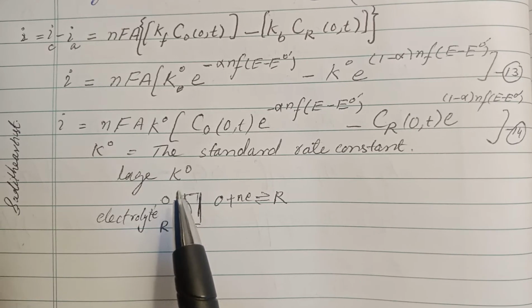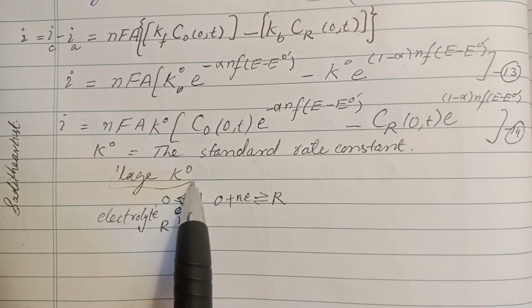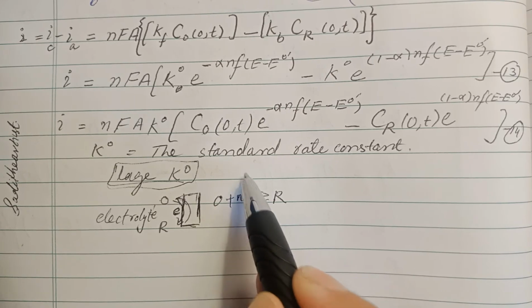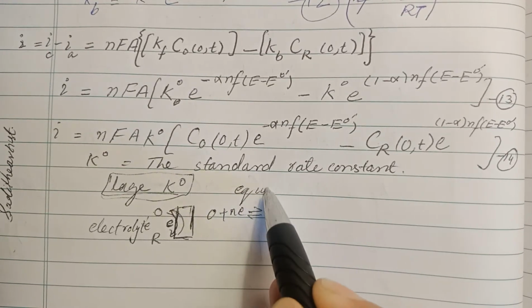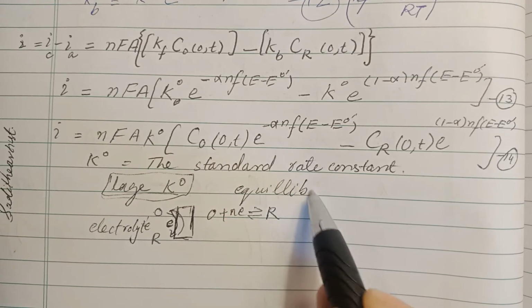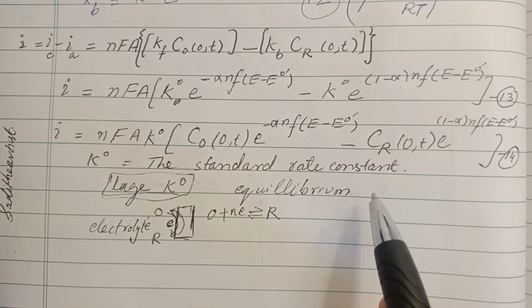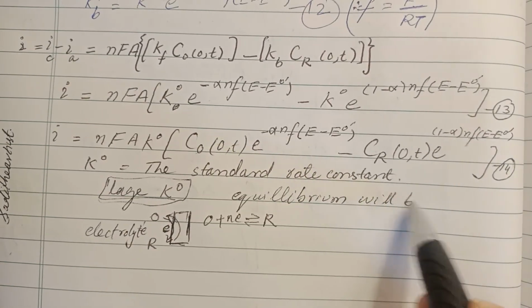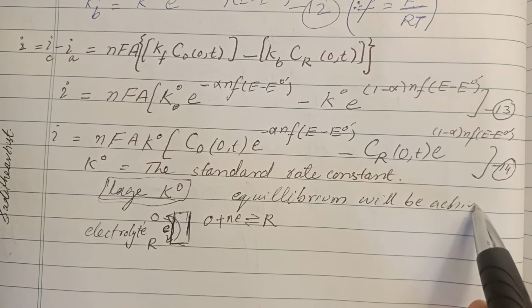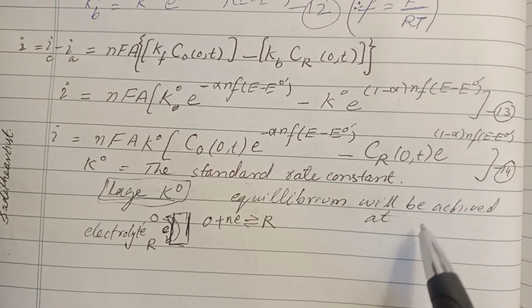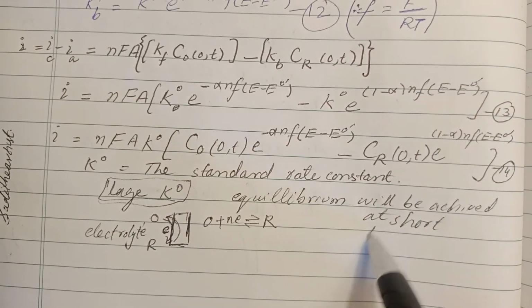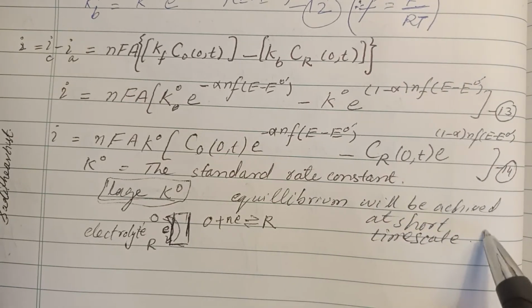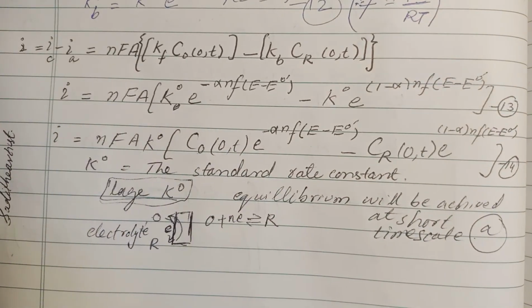For example, if we have a large K naught, the equilibrium will be achieved at short time scale. So this is the first condition.